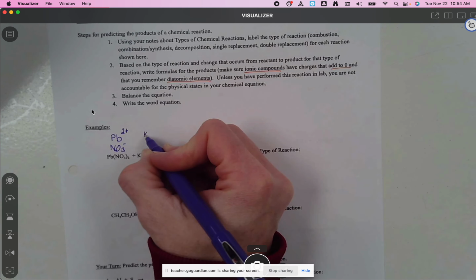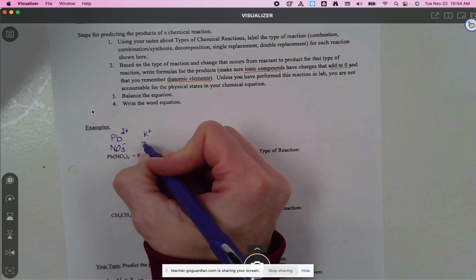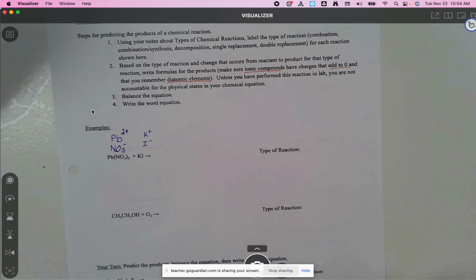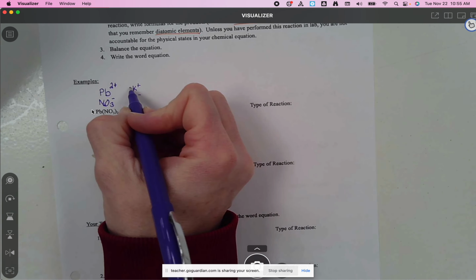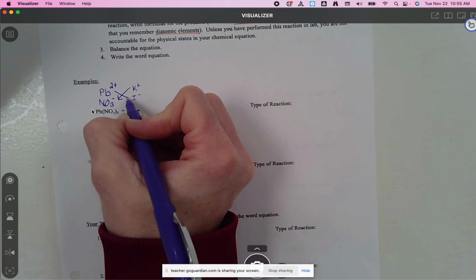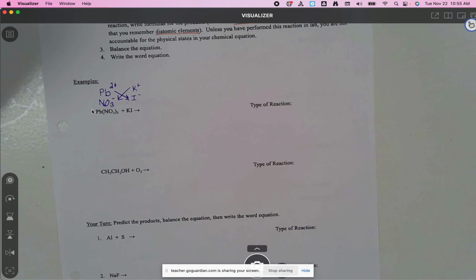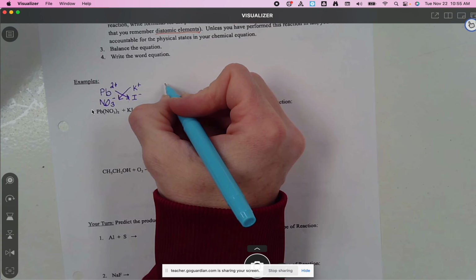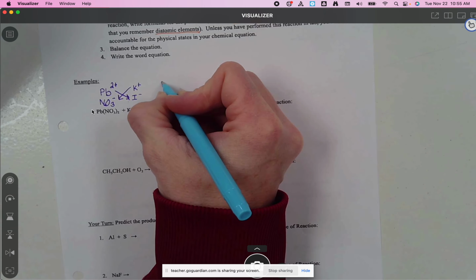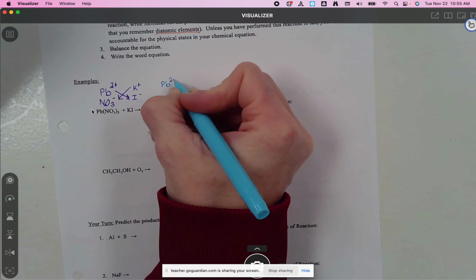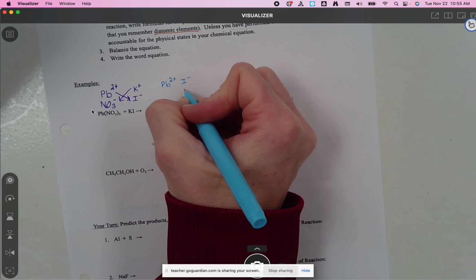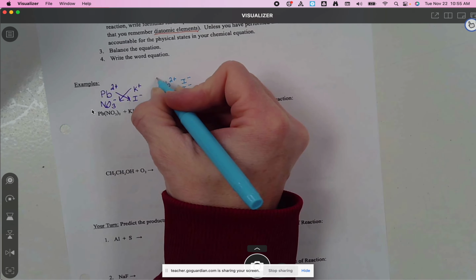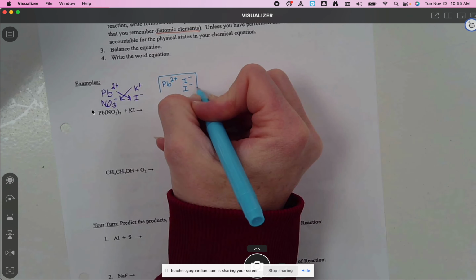And then I have potassium ions and iodide ions. Double replacement is a partner switching situation. So I trade the partners and I use my fill the box to get good chemical formulas for my new compounds. I have lead 2 positive and I minus, which means it takes 2 I minuses to get the job done.